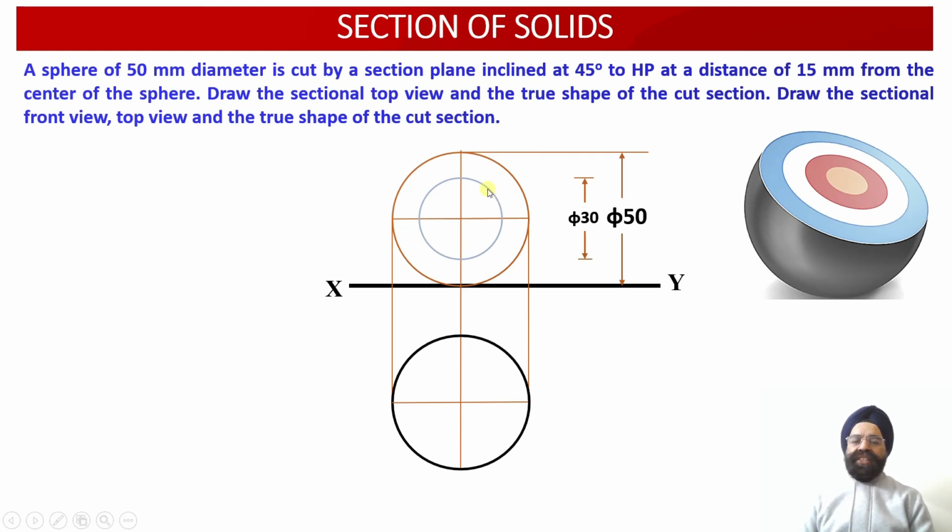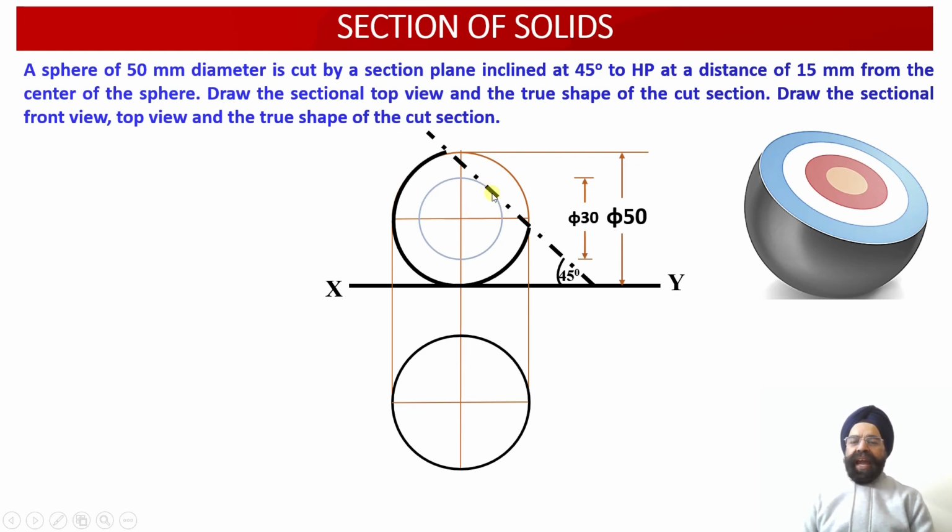This is just a constructional circle that we have drawn, such that at a radius of 15 millimeter from the center of the sphere, a cutting plane is inclined at an angle of 45 degree with respect to the horizontal plane. So it will be cutting the sphere into this orientation. Now we can check the radius at which this cutting plane is going to intersect this arc. This is equal to 15 millimeter.